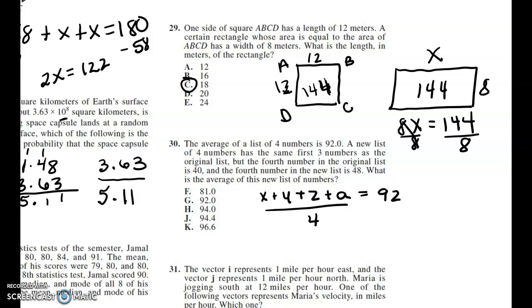So add up all those tests, divide by 4, and that's going to give you 92. Okay, so then they tell you, hey, we have a new list of 4 numbers that has the same first 3 numbers as the original list. But the 4th number in the original list is 40, and the 4th number in the new list is 48. What is the average of the new list of numbers?